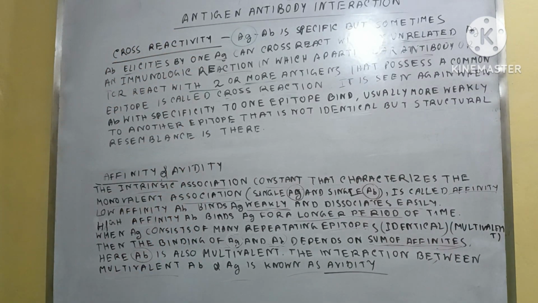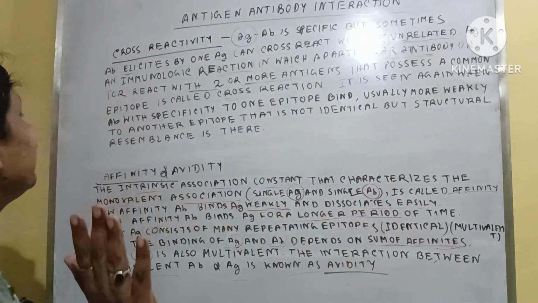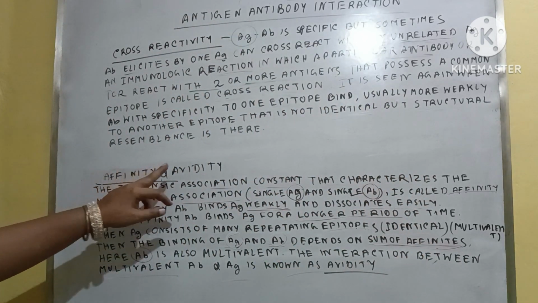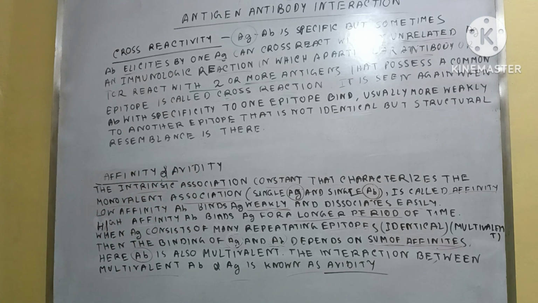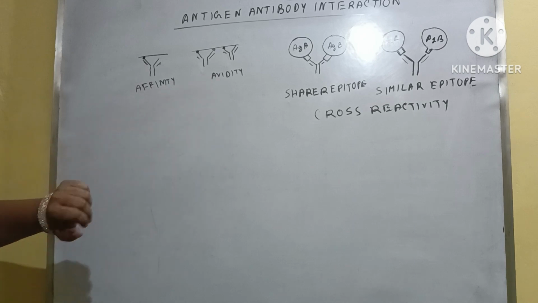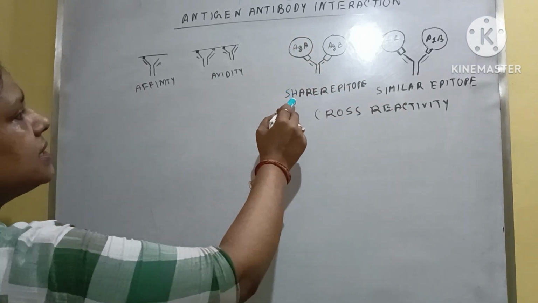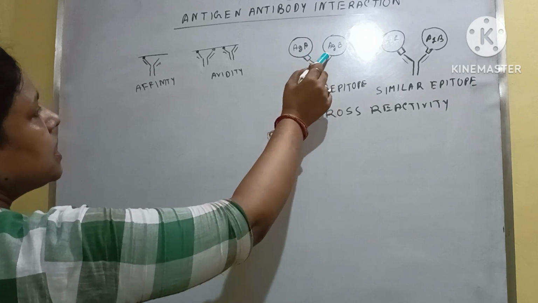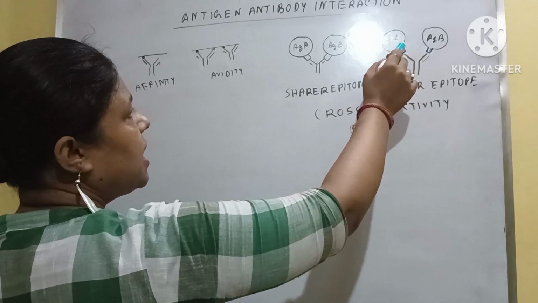I just drew very roughly what the actual cross reactivity, affinity and avidity are, just to understand in an easy way. Here you can see the shared epitope. Both have structural similarities, but these are two different epitopes.